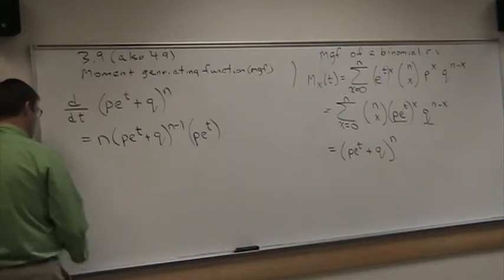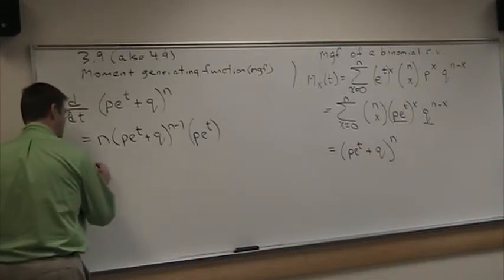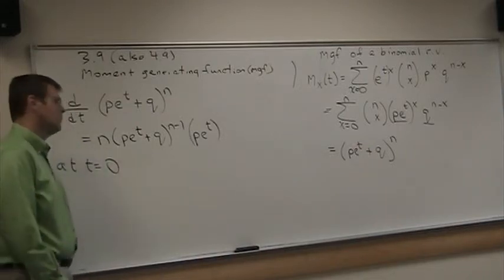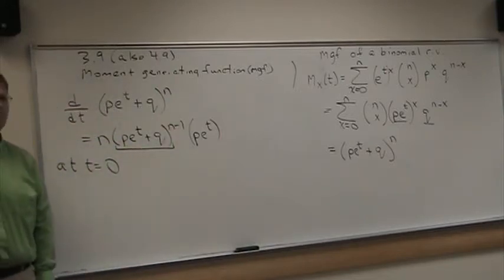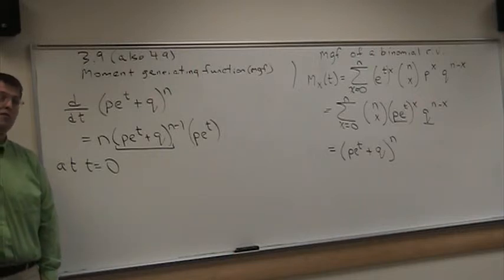So at t equals 0, what happens to that? It's p plus q, which is 1.